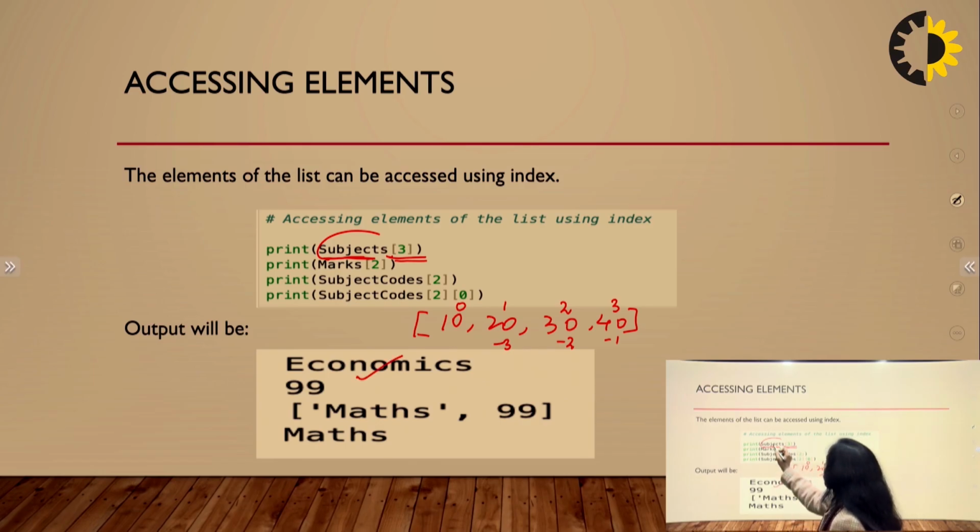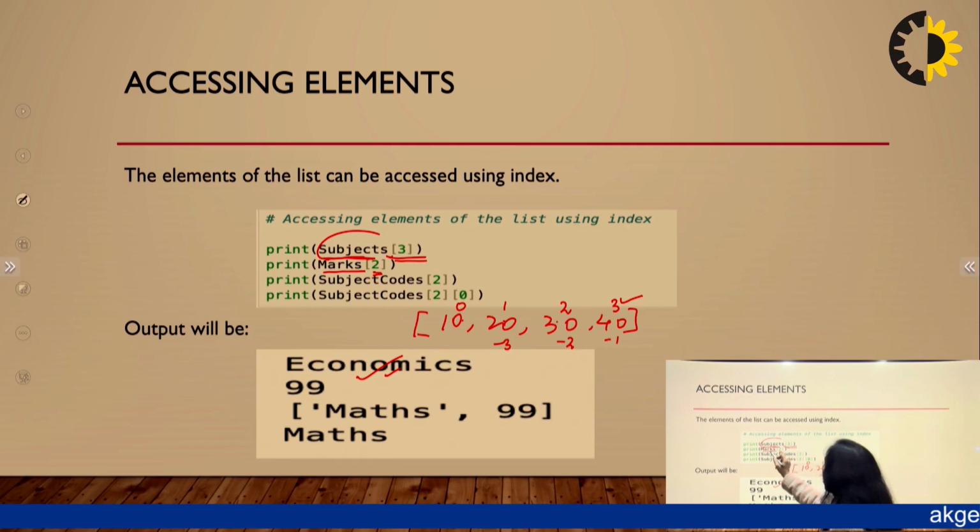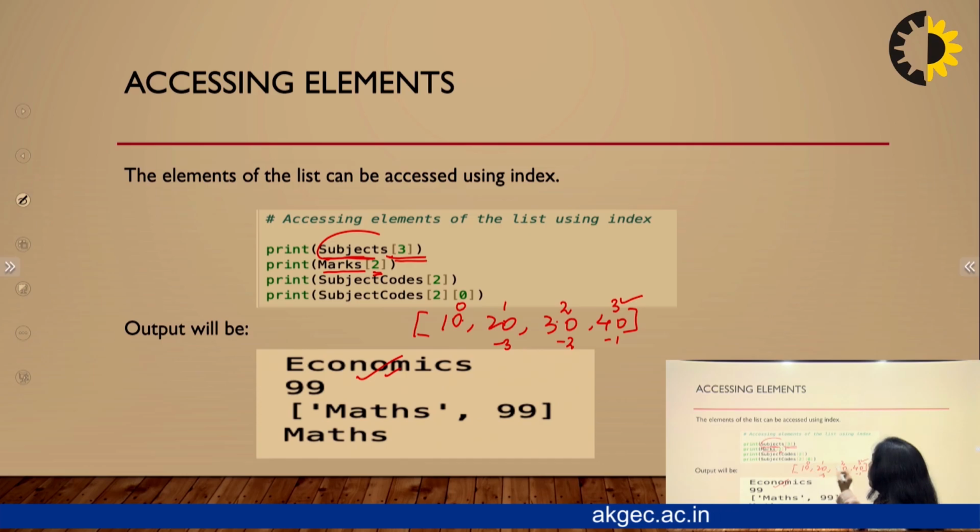So, in the subject list having 1, 2, 3, this fourth place, that is the third number value, is displayed in the output. Just like this, the marks list was having certain values, and for the index of marks 2, whatever value is there in the third place, starting from 0, 0, 1, 2, that third place value will be printed.